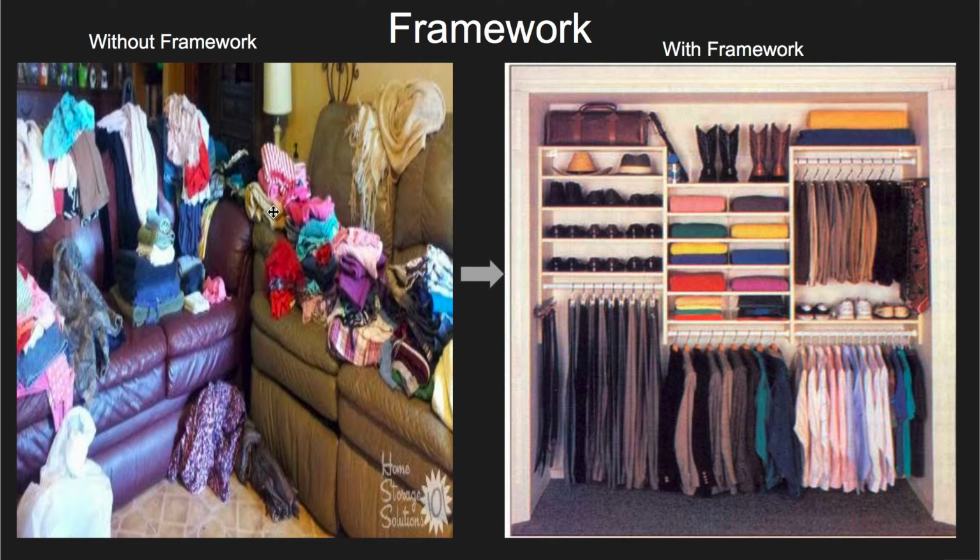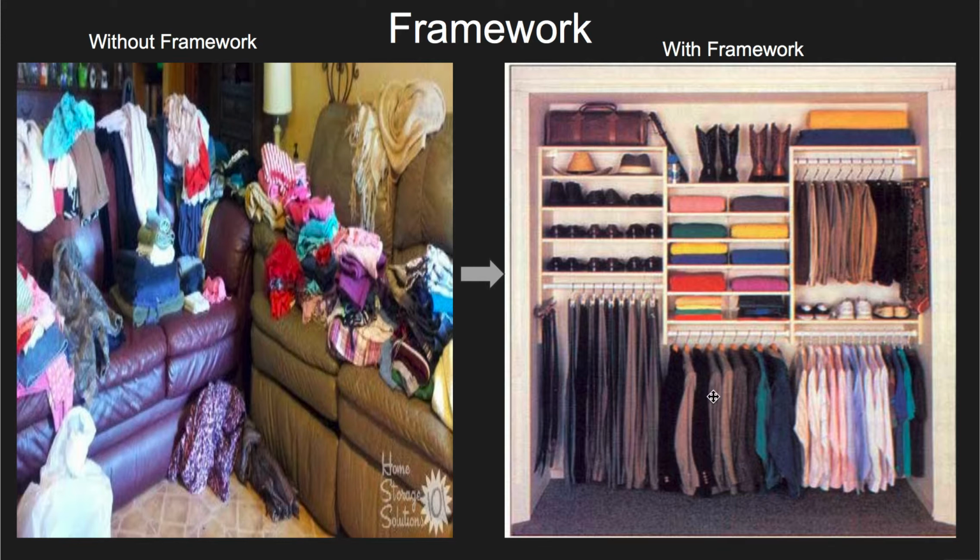But if you come to the framework, with framework, see how cool it is. Everything is arranged in a proper format and proper way. If you want shoes, here it is. If you want clothes, here it is. If you want a towel, here it is. Everything is planned and kept in a particular place where you can easily access each and everything.